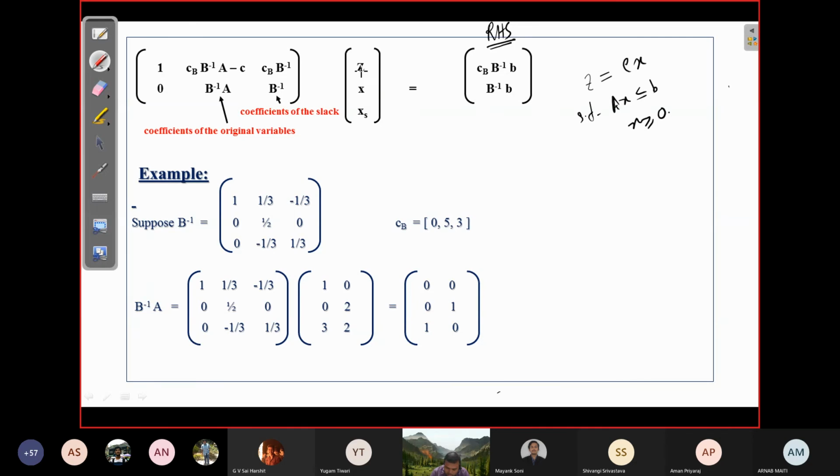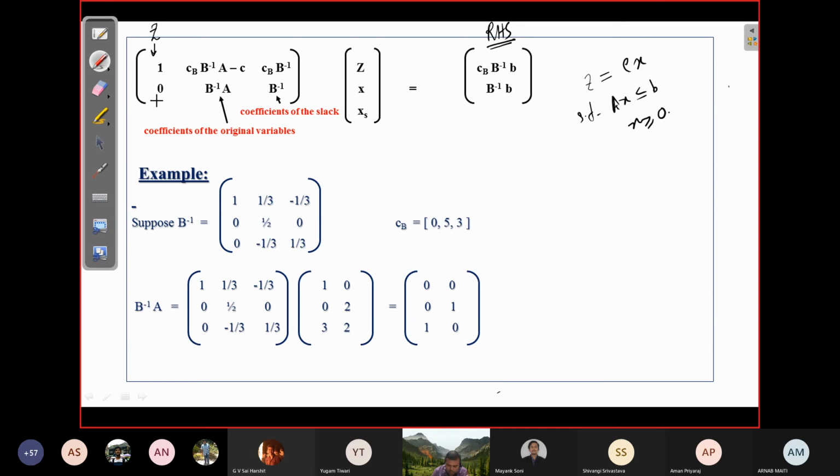Then these are the variables: Z, X are the original variables, XS are the slack variables. Now we have to understand this part very carefully. What is this 1, 0 column? This is the Z column, what we write in the simplex table. It is only a single one, and this 0 is actually a vector.